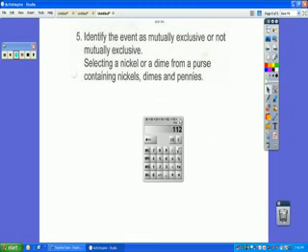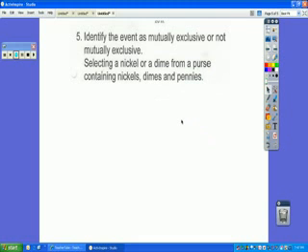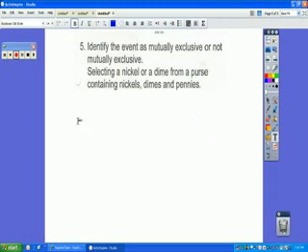Next, I have to identify the events as mutually exclusive or not mutually exclusive. First thing you need to know is the definition of mutually exclusive. You can't answer the question if you do not know what mutually exclusive means.